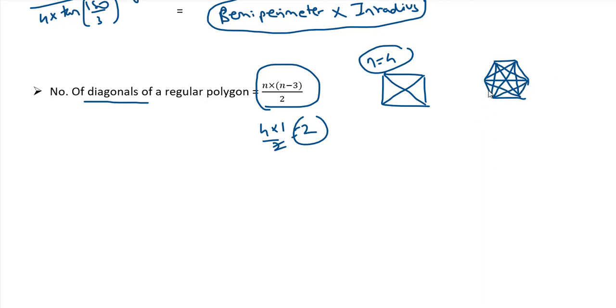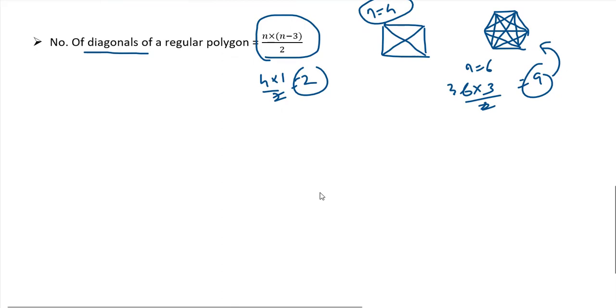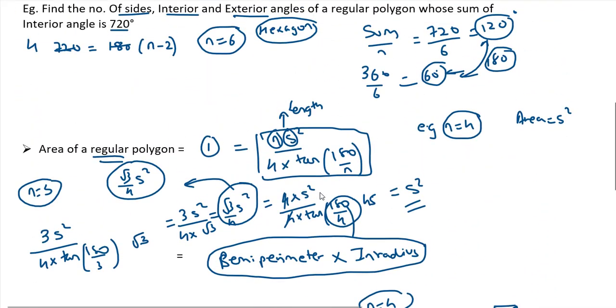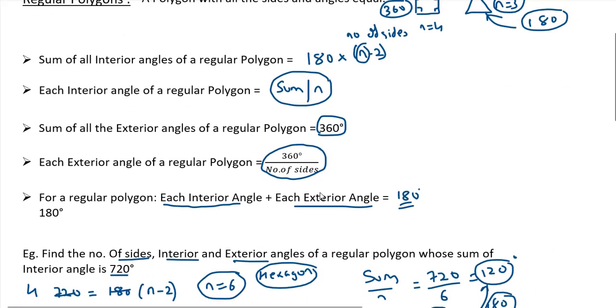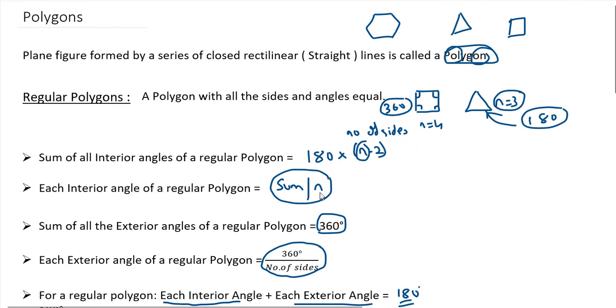If we use the formula, we will have to substitute n equal to 6. We'll get 6 into 6 minus 3, which will be 3, divided by 2. So this will be 3 into 3, which is again coming out to be 9, as we have counted manually. So these were some of the properties of a regular polygon which will be useful. Let us now move ahead.